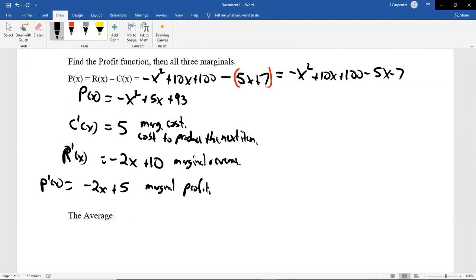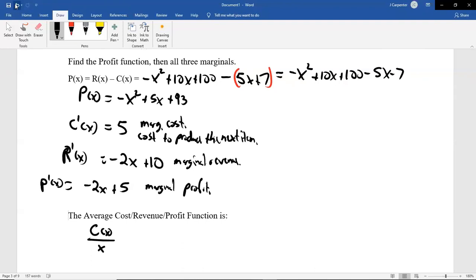The average, whether it's cost, revenue, or profit function, if you're using cost, it's C of x divided by x.